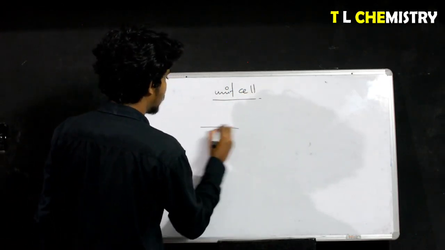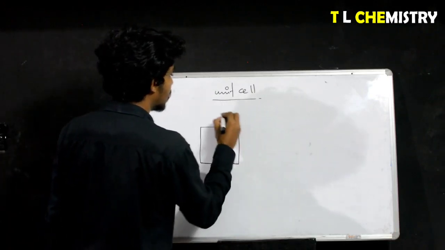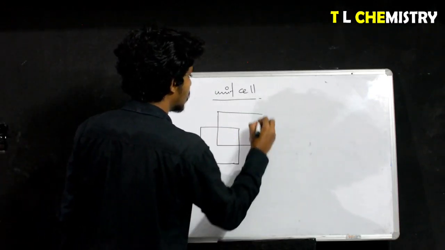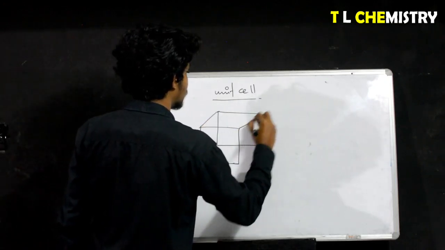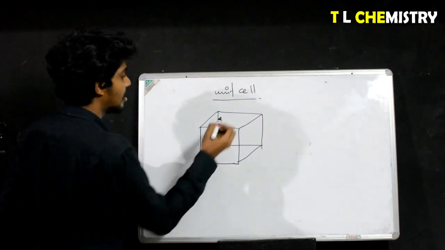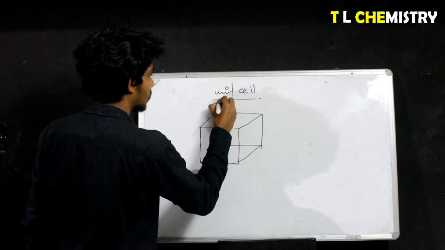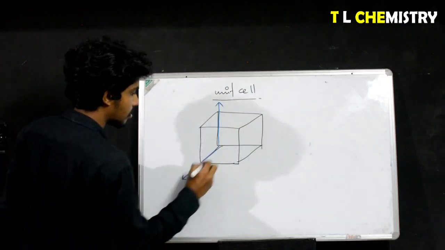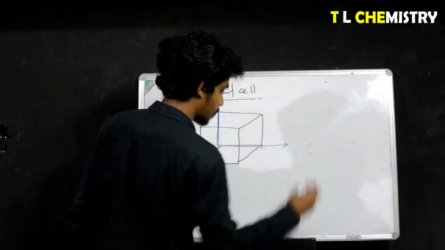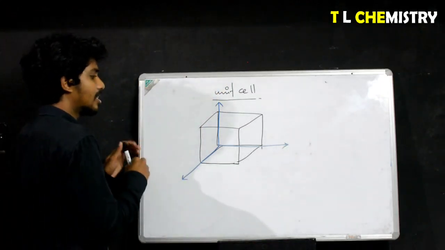A unit cell can be represented by using the diagram. This is the unit cell. Here, this is the axis. A unit cell can be represented by using 6 parameters.